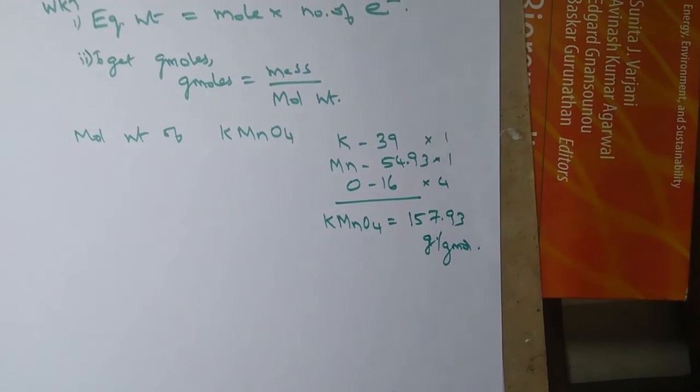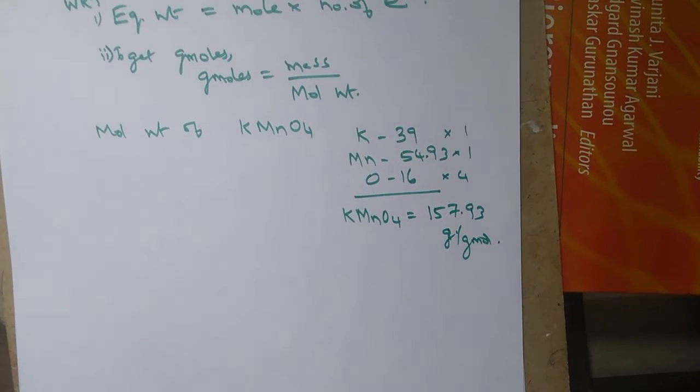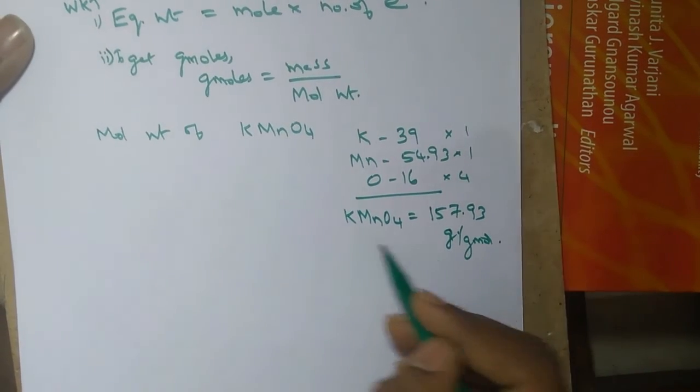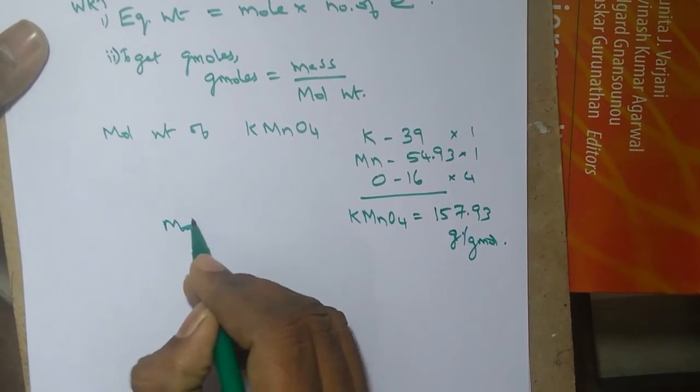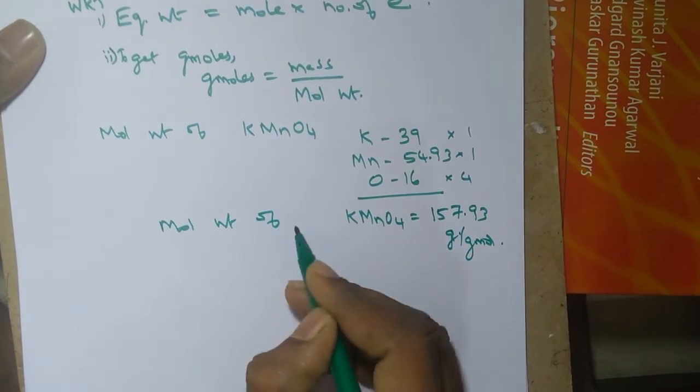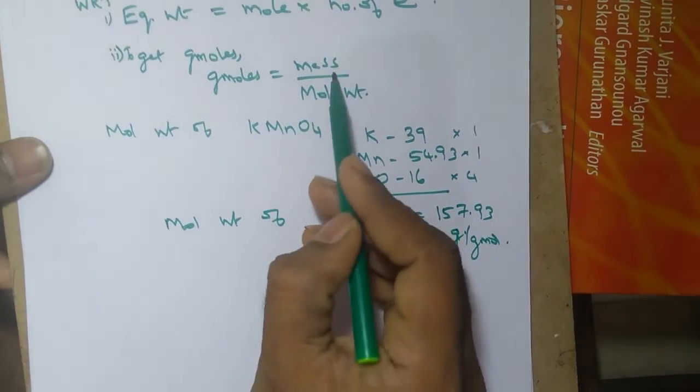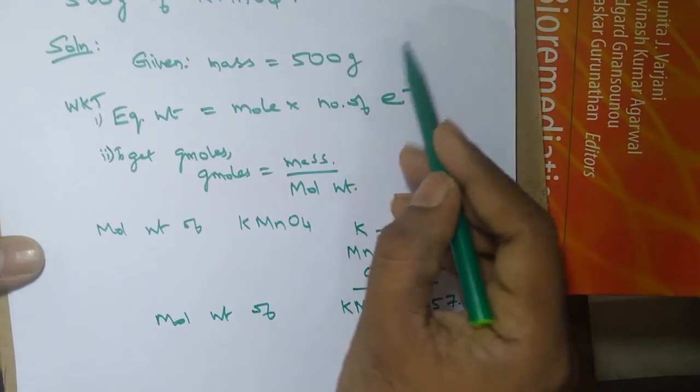Okay. So once we know the molecular weight and the mass is given, mass by molecular weight will give us how many gram moles we have. Molecular weight of KMnO4 is 157.93 and mass is given as 500 grams.